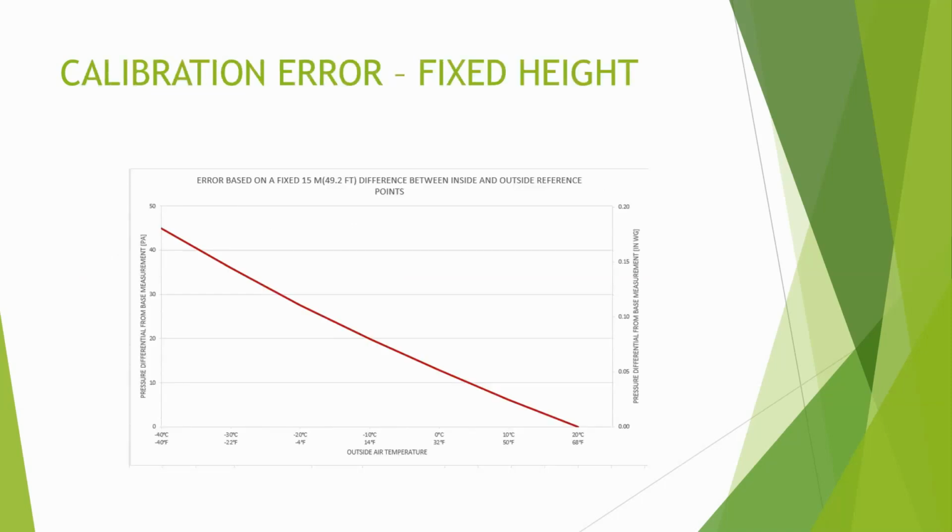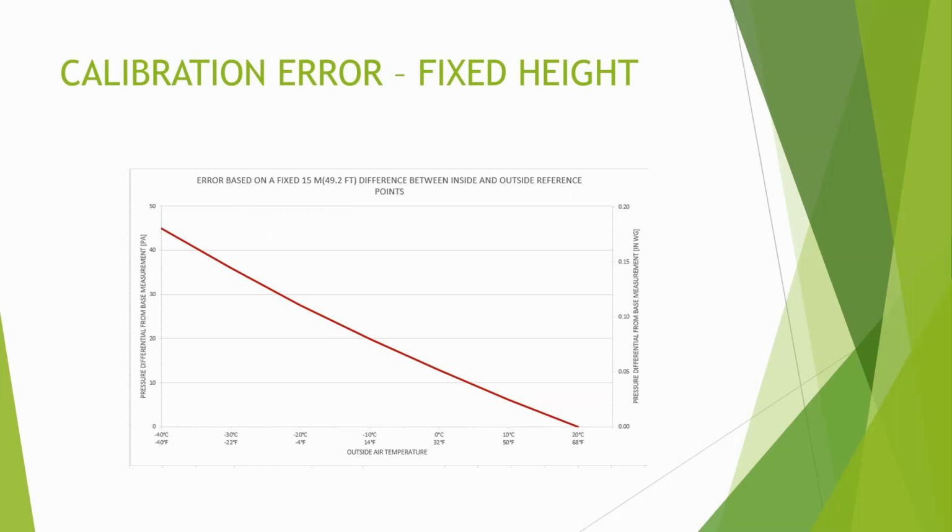And so here is a graph of the calibration error. I personally don't think in metric. I just put this down because I wrote an ASHRAE article and they require metric.